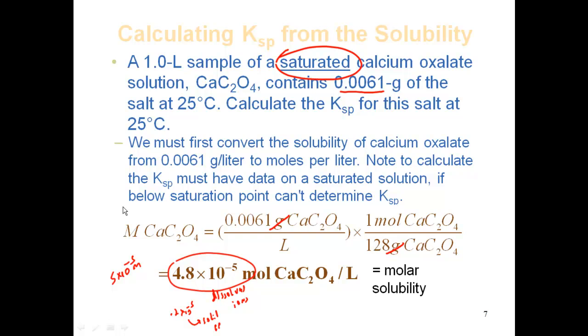It will precipitate out. The maximum amount that can be in solution is 4.8 times 10 to the negative 5th. Anything in excess is going to end up forming that solid in that dynamic equilibrium, that saturated solution.